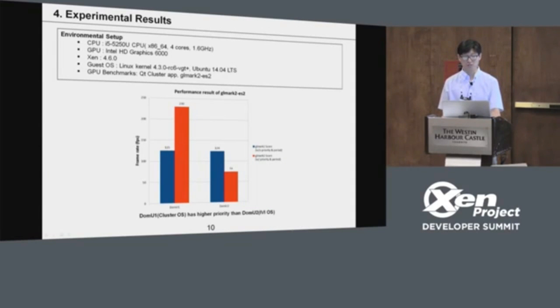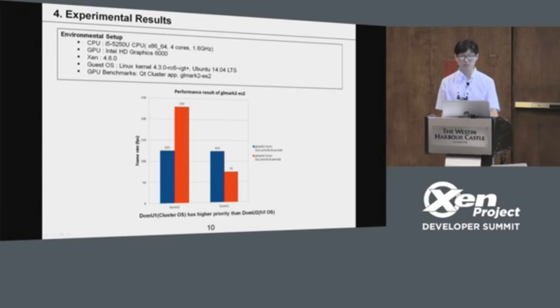Let's move to the experimental result. I used an Intel NUC board which has an i5 with 4 cores and an 8th generation Broadwell GPU. Looking at the bar graph, it shows the result of GL Mark 2 ES2. The blue bar shows the GPU performance without priority and period. The red bar is with high priority and a 6 millisecond period for DOM-1 and low priority and a 1 millisecond period for DOM-2.